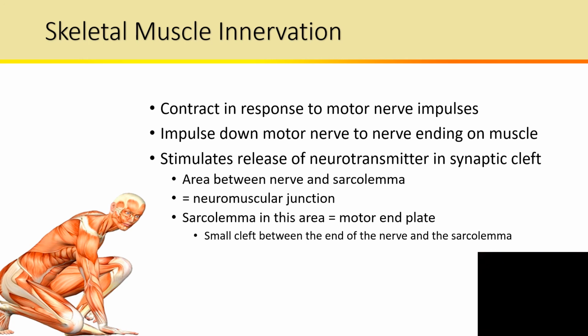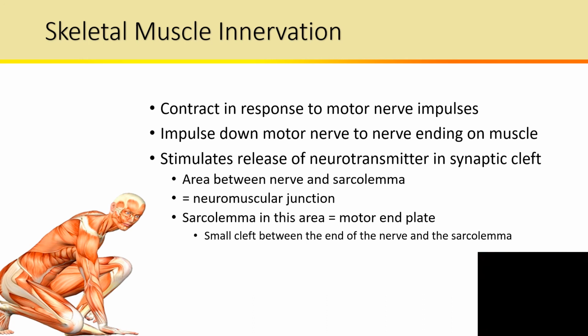When this signal gets down to the end of that nerve, inside the end of the nerve are small little vesicles, or small little bubbles, that contain a neurotransmitter called acetylcholine. When the signal gets down to the end of the nerve, it triggers this acetylcholine to be released into the gap between the nerve and the sarcolemma, or that muscle cell membrane, okay? This is also called the neuromuscular junction, okay?